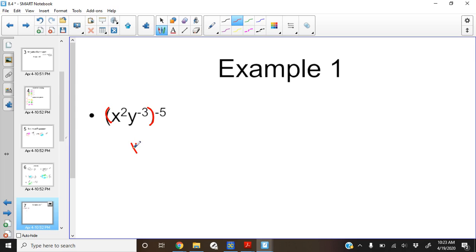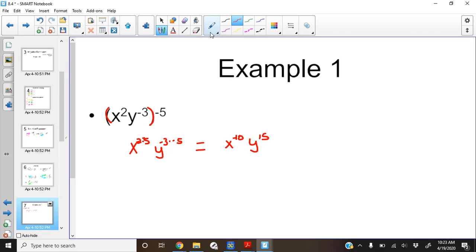So that becomes x to the 2 times negative 5 and y to the negative 3 times negative 5. So when you multiply 2 and negative 5, you get x to the negative 10. And when you multiply negative 3 and negative 5, you get positive 15.